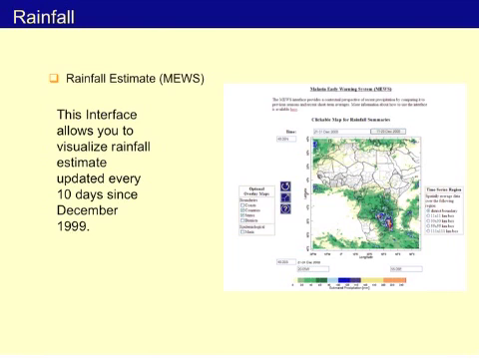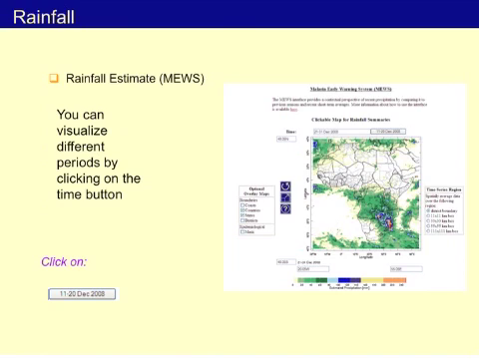This interface allows you to visualize rainfall estimates updated every 10 days since December 1999. Every 10 days, you will see a new map corresponding to the most recent satellite acquisition. Usually, the new map is available 1 to 2 days after the last satellite acquisition. On the interface, you can visualize different periods by clicking on the Time button.